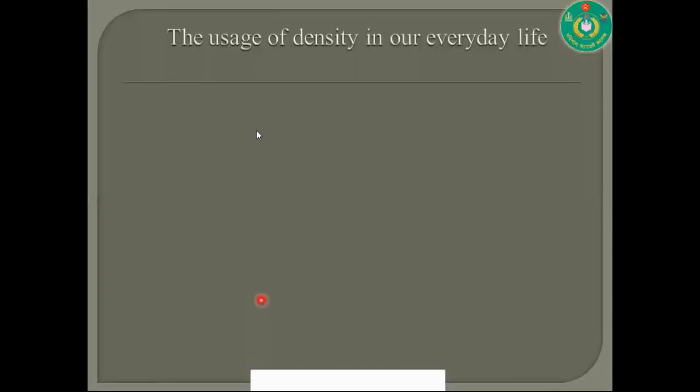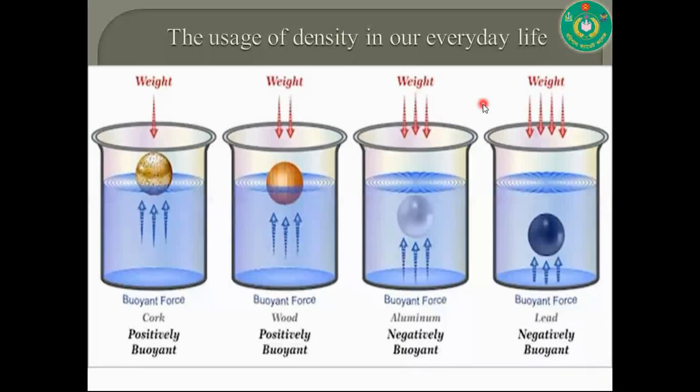Now boys, I discuss the uses of density in our everyday life. Firstly, look at these pictures. There are 4 substances in 4 positions in the jar.